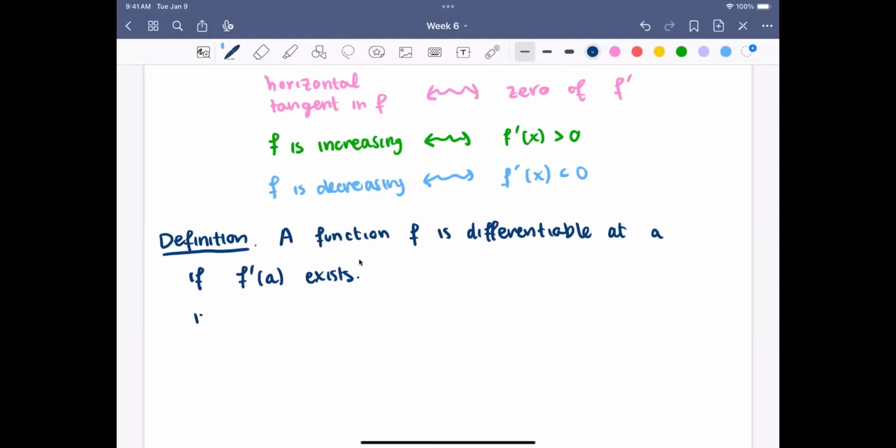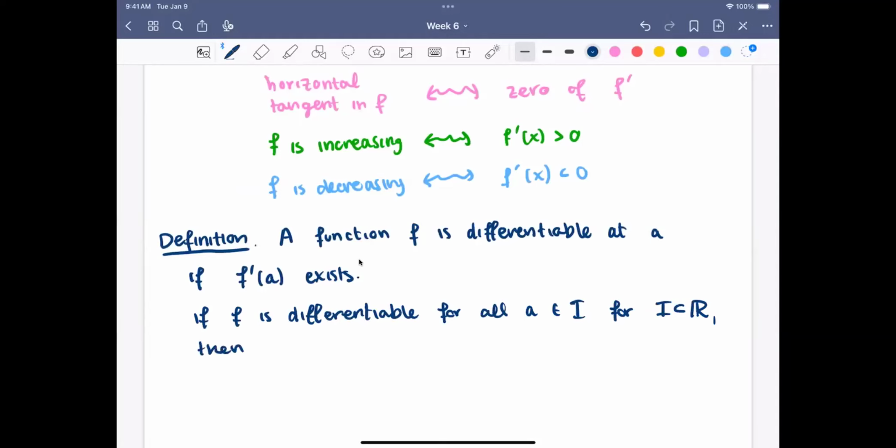So if f is differentiable for all a in some interval, or even just a subset of R, then you can say that f is differentiable on the interval I, or just the set I.